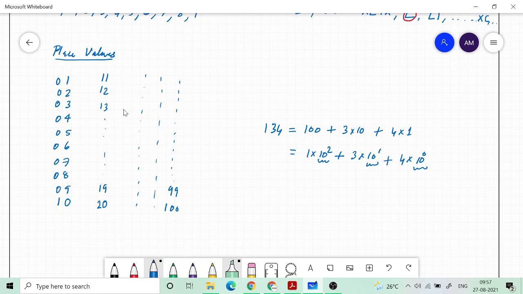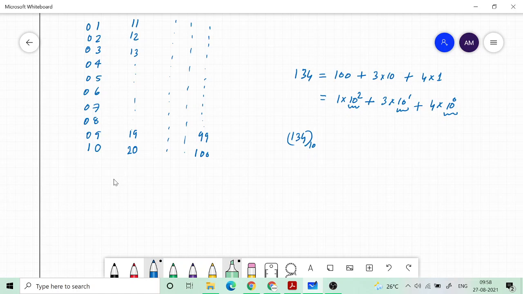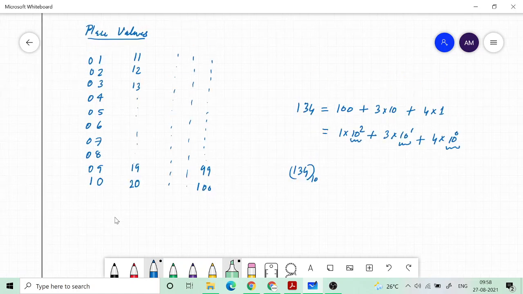So in order to explicitly specify that this is the decimal number system that we are talking about, it is also a good practice to put base 10 here. Okay, so that will remove every doubt whether we are talking about the decimal number system or not. Okay, so this is the idea of the decimal number system, which is basically contributed by Indians, and therefore this number system is also called the Indo-Arabic number system.